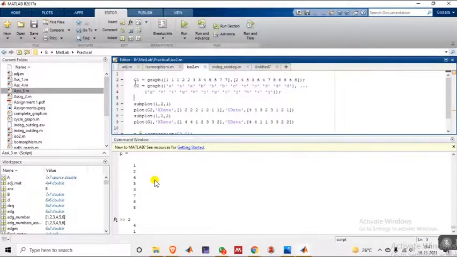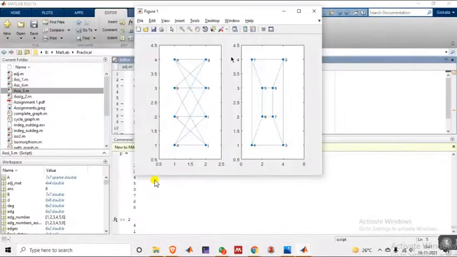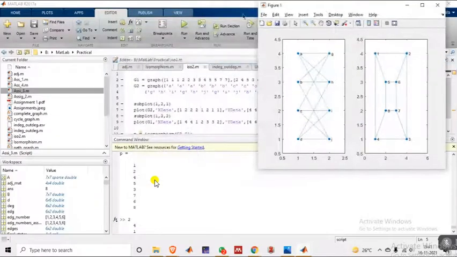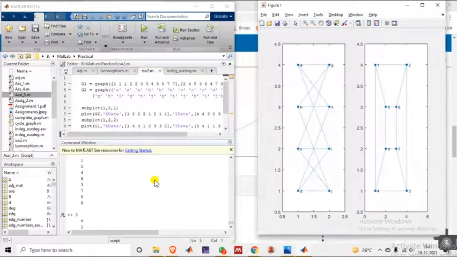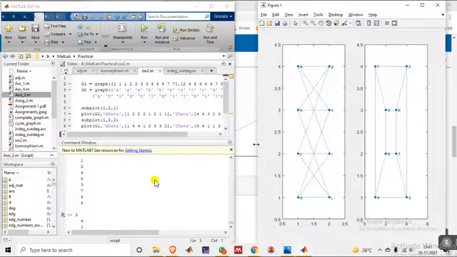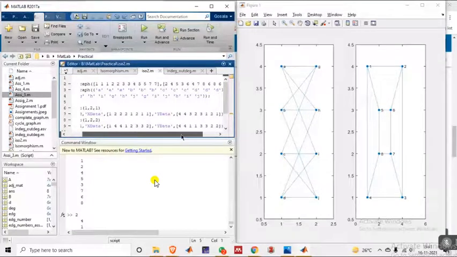Once I run the first one, in graph 1 you can see that from 1 there is connectivity to 2, and 1 is connected to 4, and 1 is connected to 5.